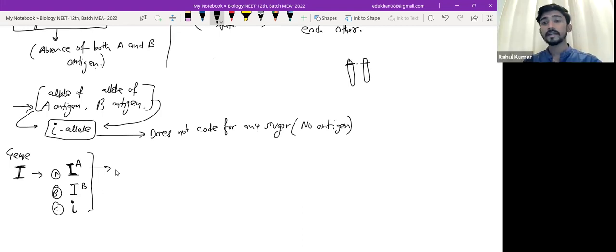So write down at the allelic level, alleles IA and IB are dominant over small i, which means they express. But of course they will only express because the other allele is not showing anything.